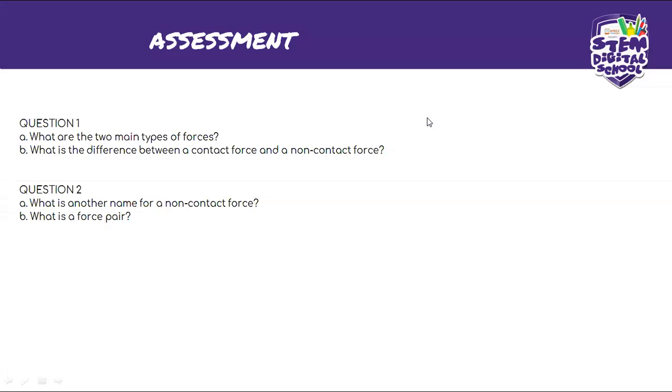What is a force pair? Let me see. Tando's answer: it is when you push against an object, but the object resists.